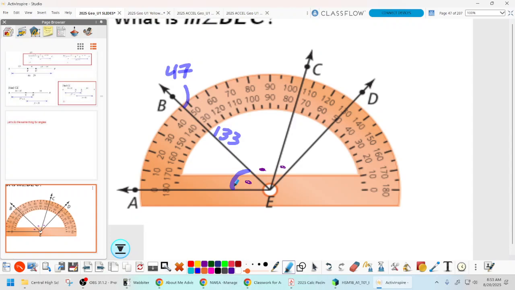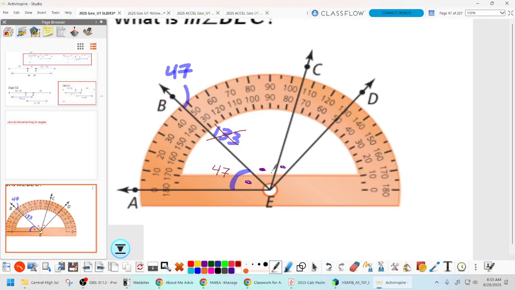Yeah, you remember the words acute and obtuse? So when you use a protractor, you just look at the series of numbers that tells you if it's going to be acute or obtuse. In this case, we know this is acute. It's smaller than 90, so we better use the 47 and not the 133. Okay, so this is 47 degrees.